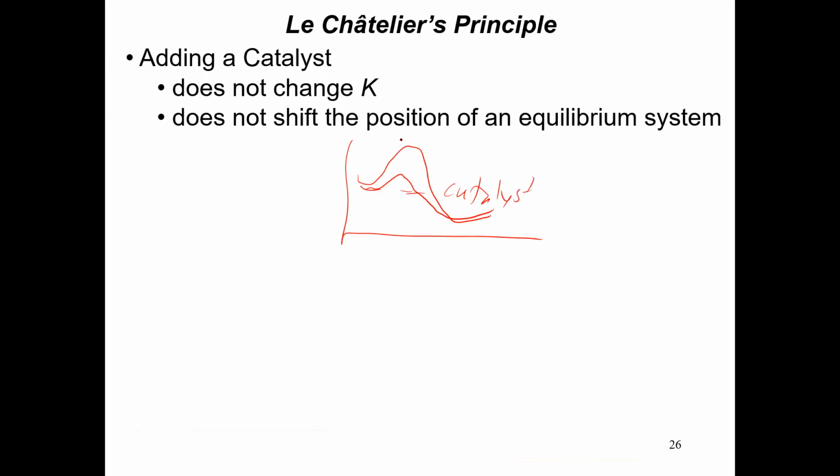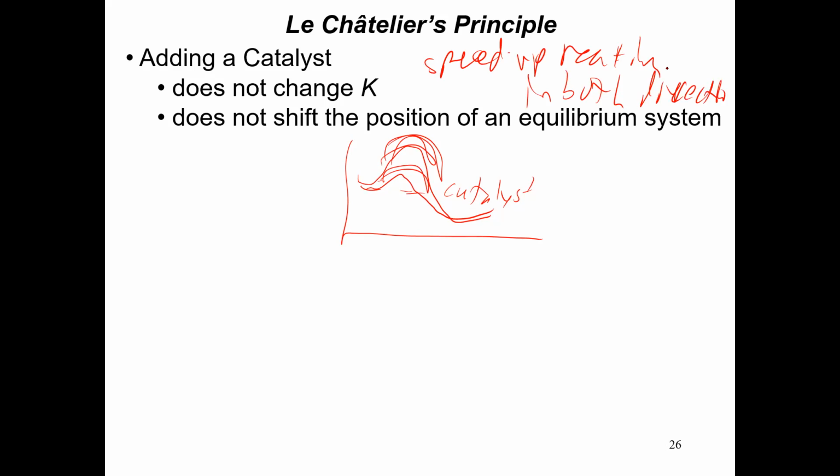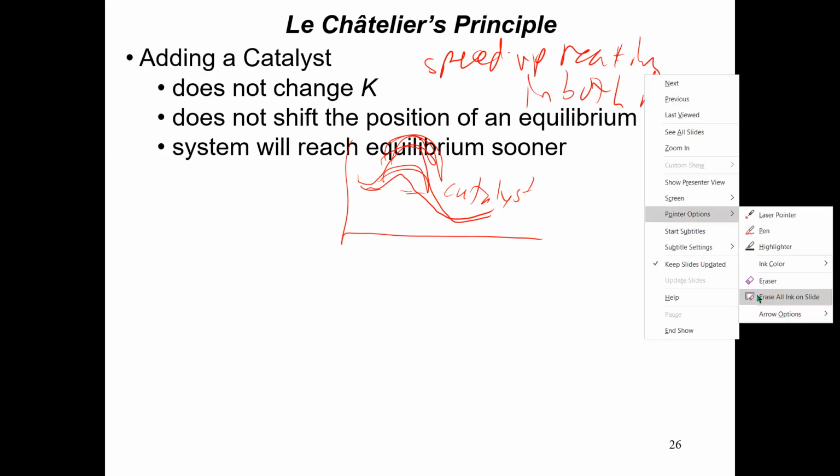Reactions will go back and forth more easily. It does not shift the position of the equilibrium because it speeds up reactions in both directions, so they essentially cancel out. The system will reach equilibrium sooner, and in some cases that is important.